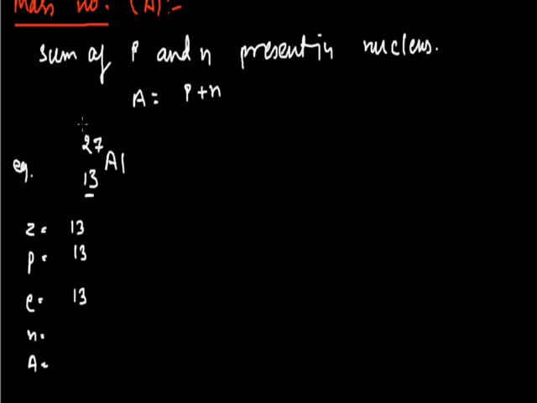The 27 situated in the left superscript denotes the mass number of aluminum, it is 27, and neutrons will be mass number minus number of protons, that is 27 minus 13 equal to 14. So in the 13Al27 element, atomic number is 13, number of protons are 13, number of electrons are 13, number of neutrons are 14, and the mass number is 27.